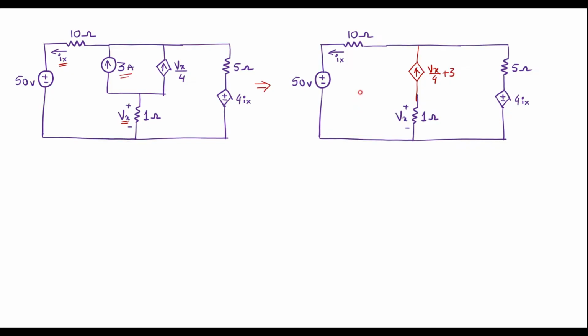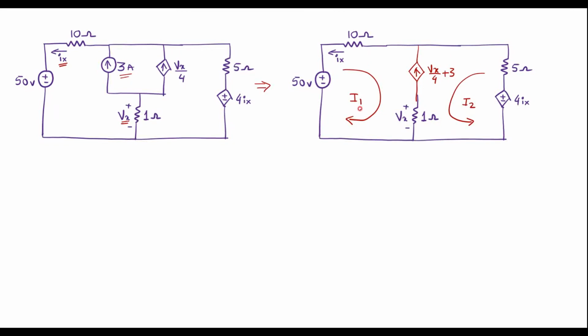Now here we can observe that there are two loops. Let me assume the current through this loop is I1 and the current through this loop is I2. From this circuit we can observe that there is a current source between two loops. If there is a current source between two loops, we have to analyze the current source first, then we have to apply KVL to this entire loop.